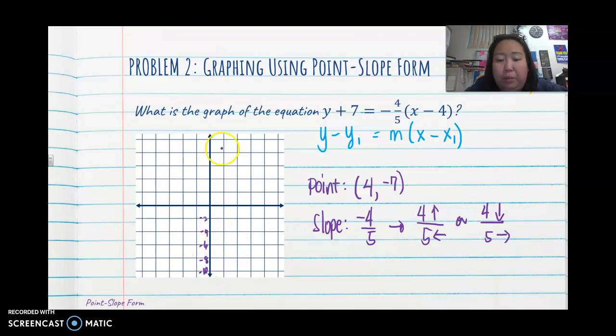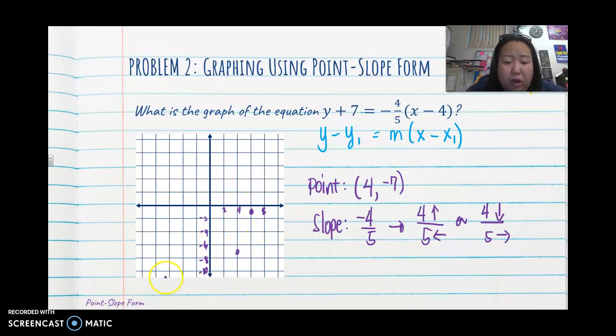Just to accommodate our points. So we have a point at 4, so it's going to be over here. That's 2, 4, 6, 8. So we have a point at (4, -7). So somewhere here. And then our slope will be, you can go 4 down if you would like, but I think it will be a lot easier if we go 4 up and then 5 to the left, okay? So we go 4 up. Remember, this is by 2s.